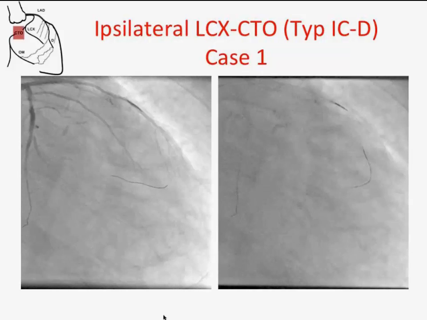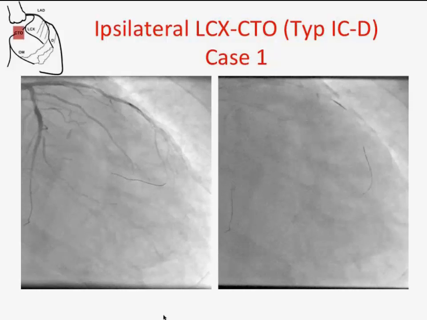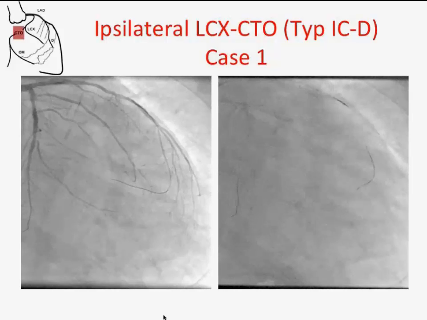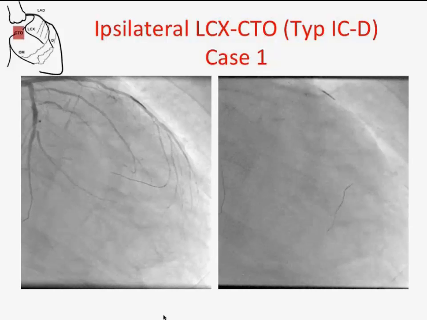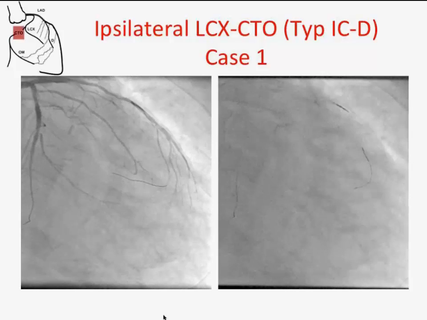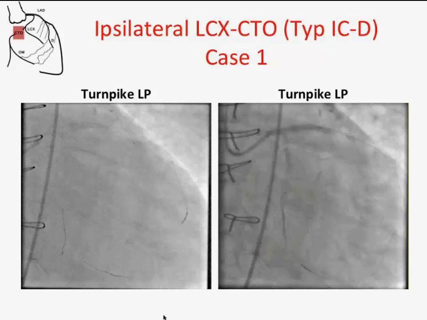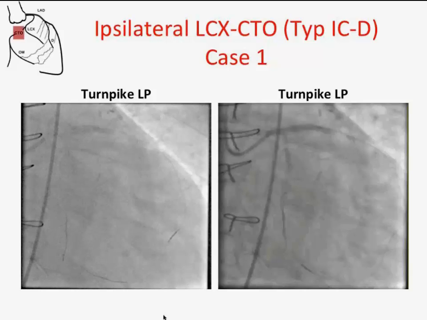And then I put this Turnpike LP in, and as you can see on the right picture, it's a Sion Black, and the Sion Black could find a pathway to the distal part of this circ occlusion. Here you can see the Turnpike LP microcatheter with clockwise rotation.